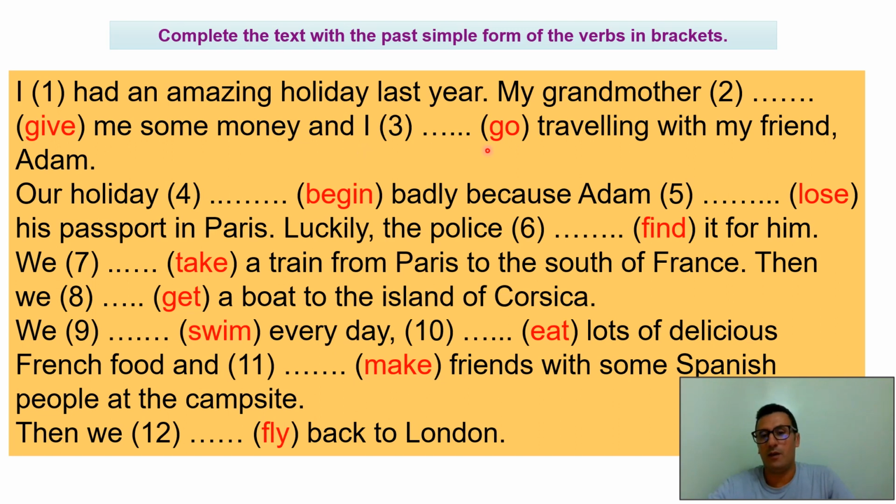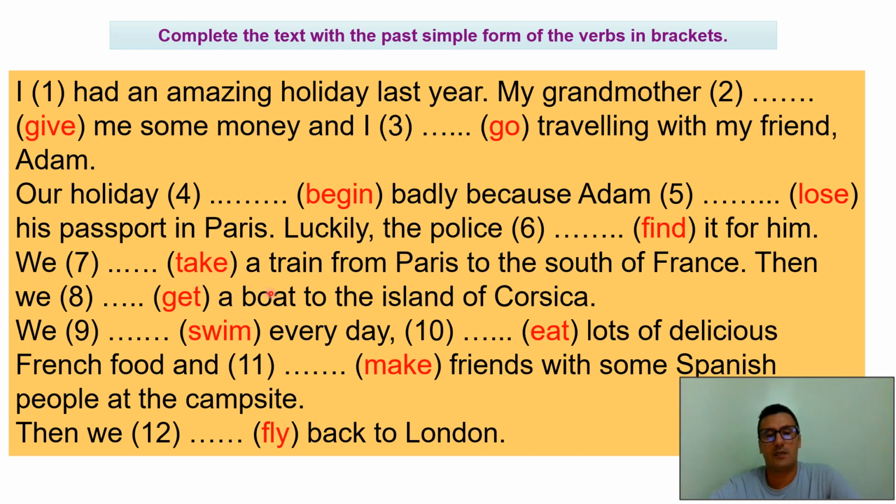And I, le verbe qu'on va conjuguer, c'est go, traveling with my friends Adam. Our holiday, le verbe qu'on va conjuguer, c'est begin, badly because Adam lose his passport in Paris. Luckily, the police find it for him.